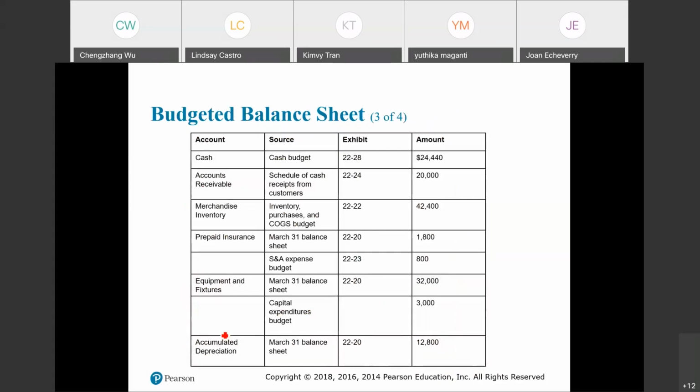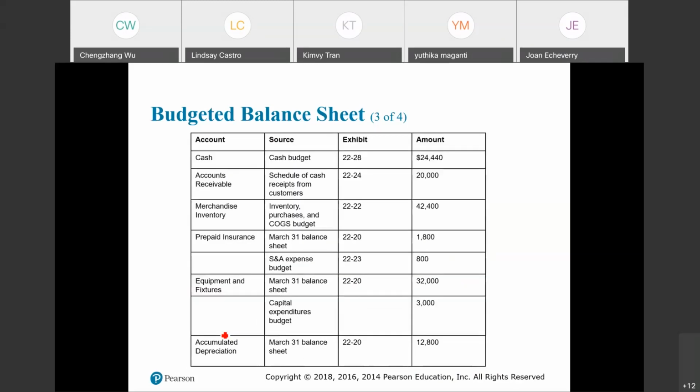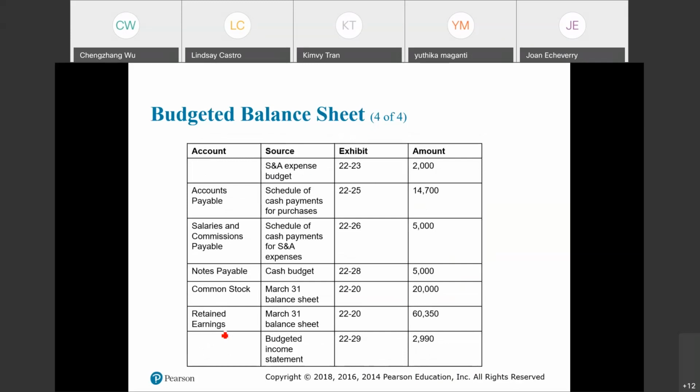Next, let's take a look at the balance sheet budget. Well, all these necessary items can be found previously, including cash, accounts receivable, merchandising inventory, prepaid insurance, equipment and fixtures, accumulated depreciation, accounts payable, salaries and commissions payable, notes payable, common stock, and retained earnings.